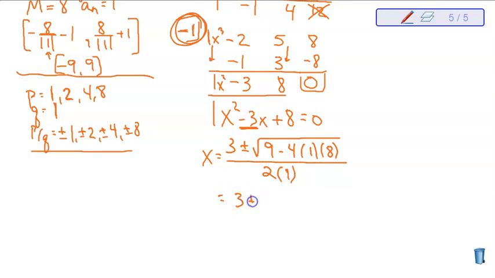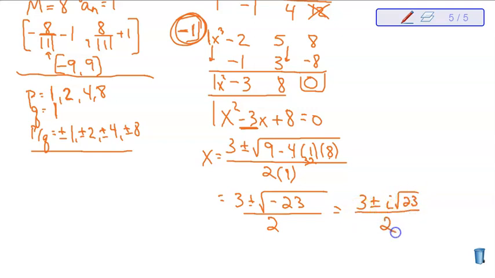Simplifying gives me 3 plus or minus the square root. Well, 4 times 1 times 8 is 32. 9 minus 32 is negative 23, all over 2. And I can end that by saying I have to bring that negative out. So that becomes an imaginary i out front of that square root of 23, all over 2. And now that is my final answer.